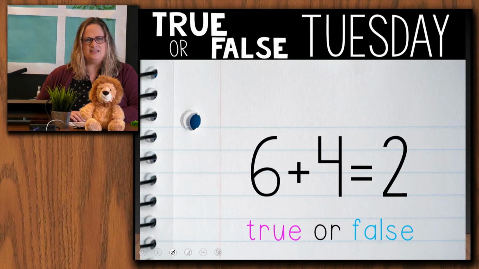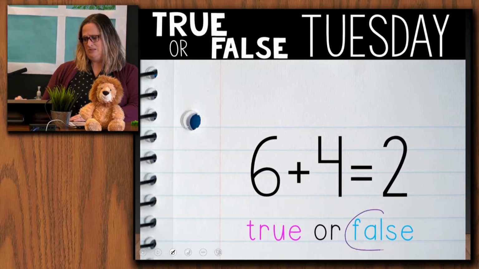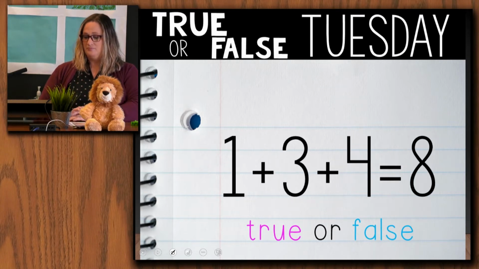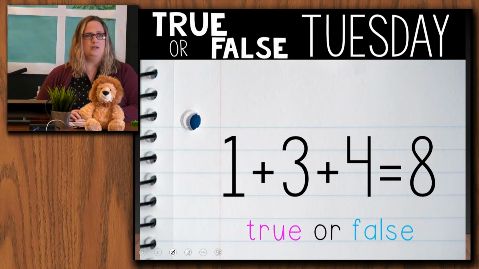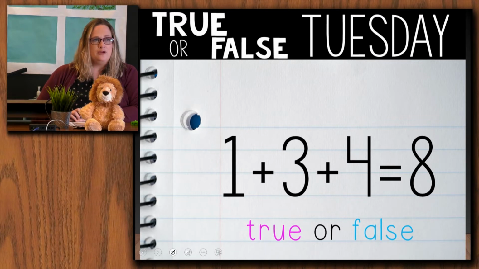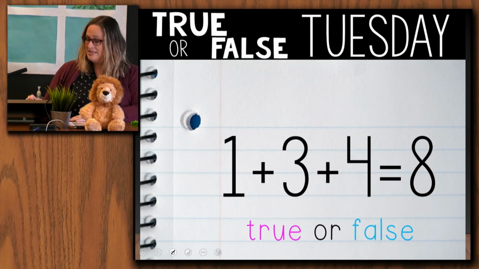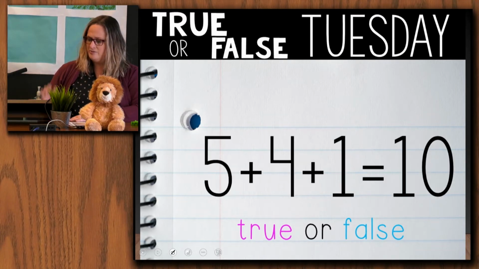If I have 6 and 4 more, am I going to get 2? 1 plus 3 plus 4 equals 8. What's 1 plus 3? 4. And 4 more is? Ding, ding, ding, ding, ding. It's true.